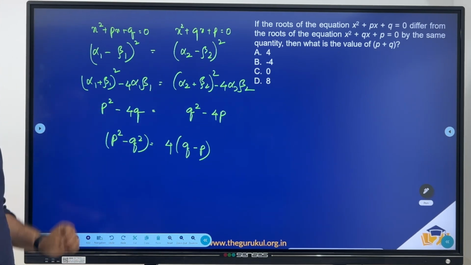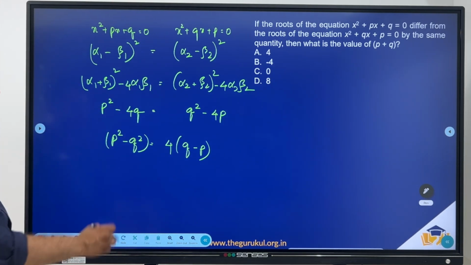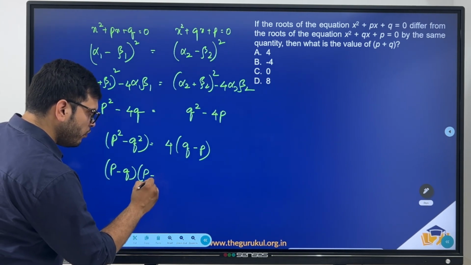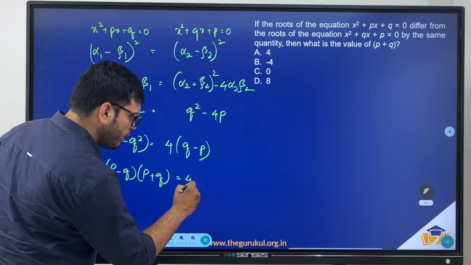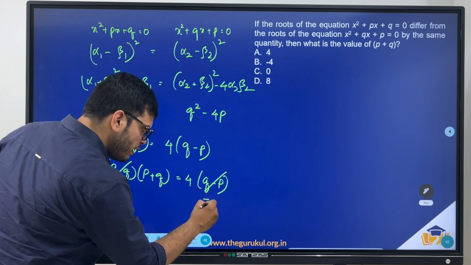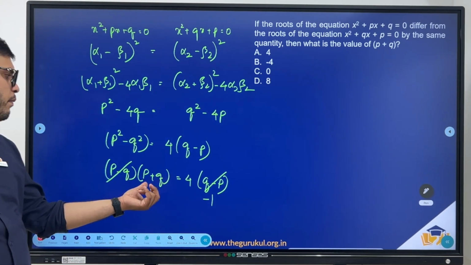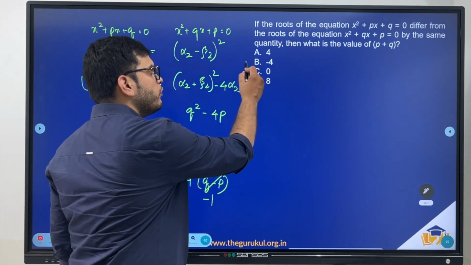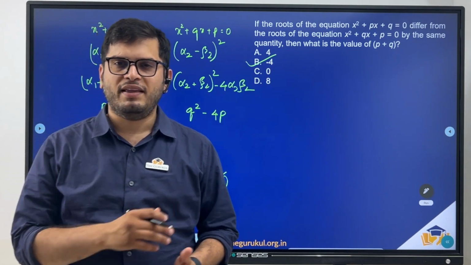On sending minus 4q to the right-hand side. So I'll write this as (p minus q) into (p plus q) is equal to 4 into (q minus p). So (p minus q) into minus 1 is (q minus p), or p plus q is equal to minus 4. So the answer for this question should be option B.